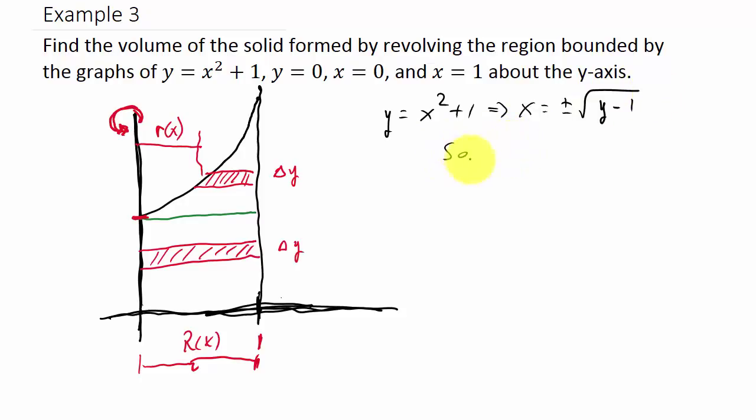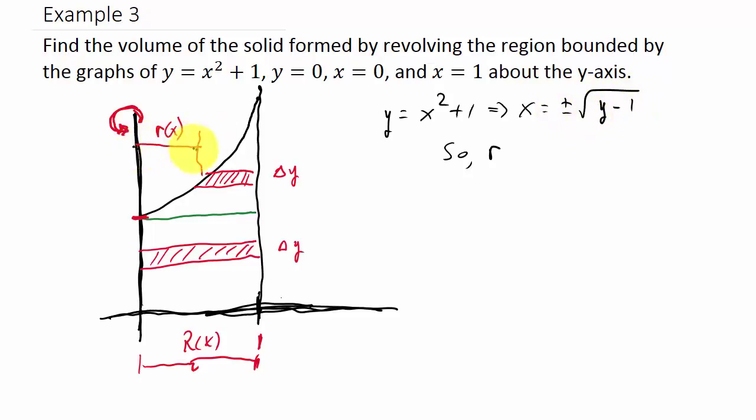So that tells us that x is equal to, well, I'm sorry, not x, but little r, this distance from here to here. See, this in terms of y is x equals plus or minus the square root of y minus 1.